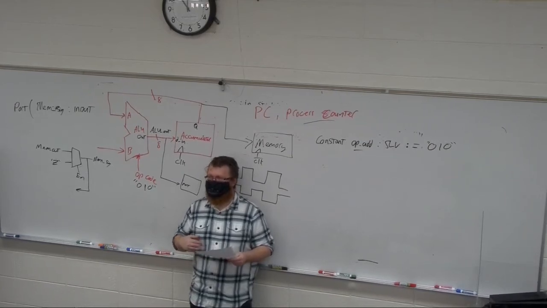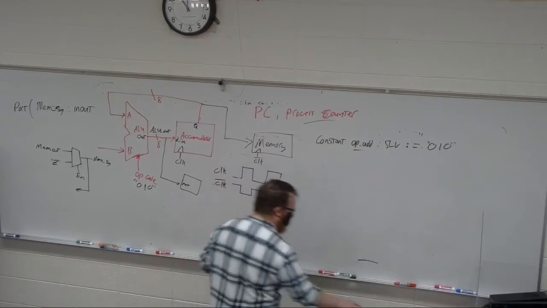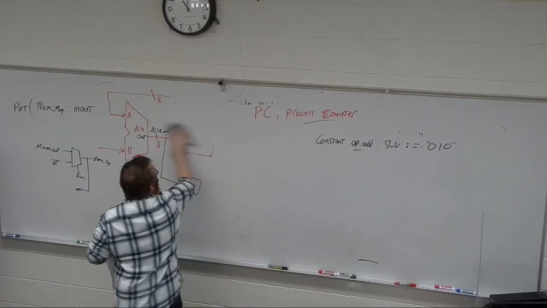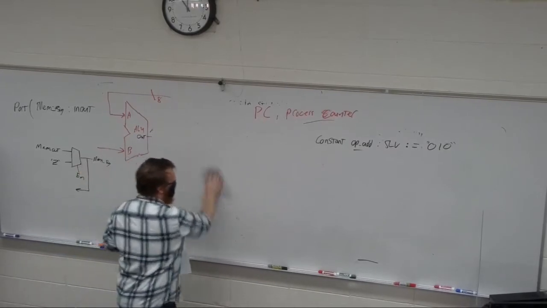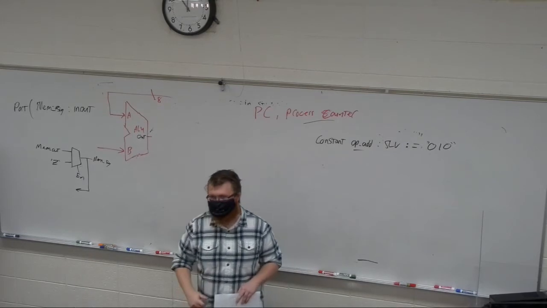Right? Now, we did some of the universal gate stuff last time, but I want to make sure that you guys are all clearly aware of the easy way to do it. Right?